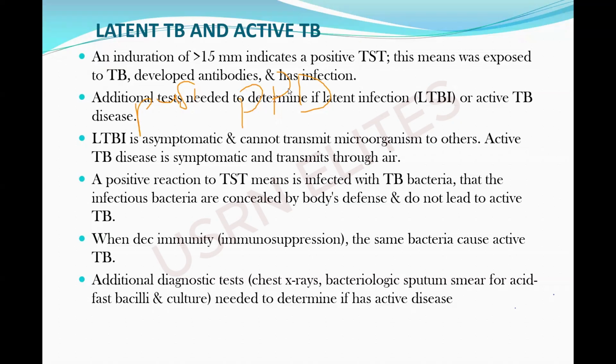All right. If you get an induration of 10 millimeters or more, and you are a health worker, or you are an immigrant, or you've been to an area where risk factors are high, like endemic areas or high population rate areas, or where you have poor sanitation and you have slums, all those things.